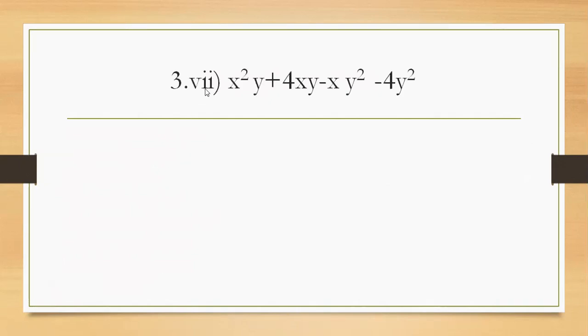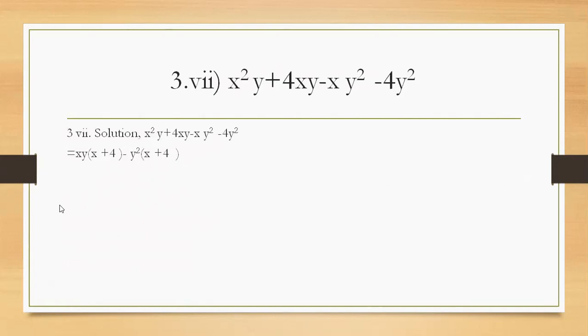Now look at this bii, the 7 number. In this question, look here. In these four terms, what is common in the first two terms? xy, then x plus 4 is left. In the last two terms, minus y square is common, x plus 4 is left, and the remaining one in a bracket.